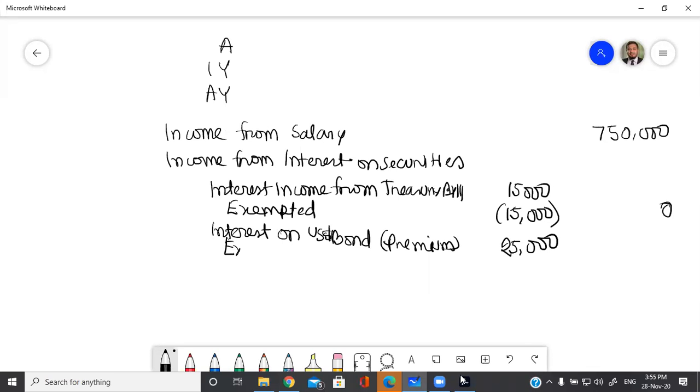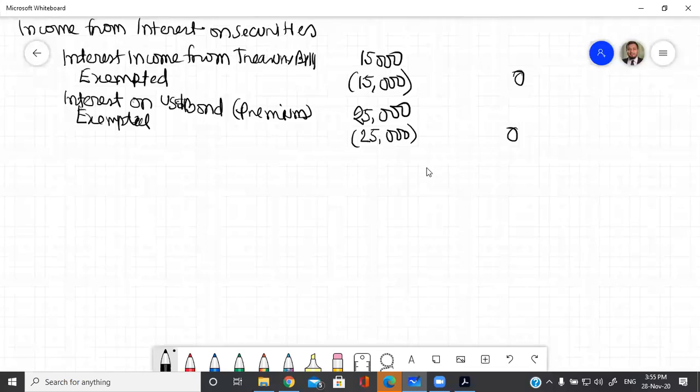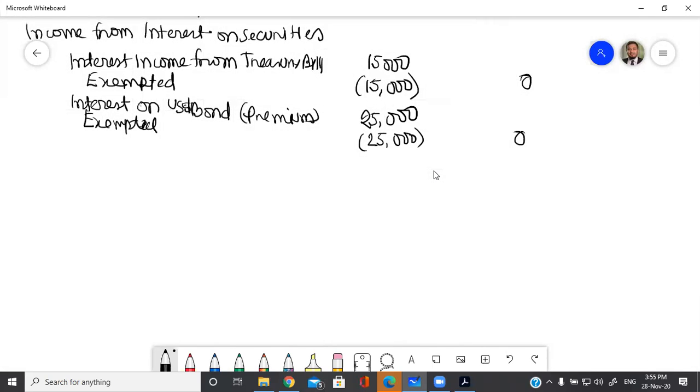How much is exempted? 25,000 taka total is exempted. So you may feel that you need to have this bond in your portfolio. So there are some regulations, restrictions, or rules you need to maintain to be eligible to have this bond in your portfolio. Okay.